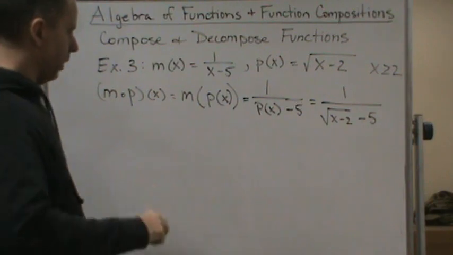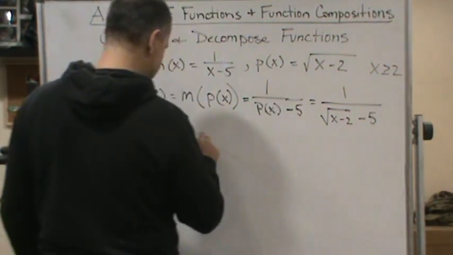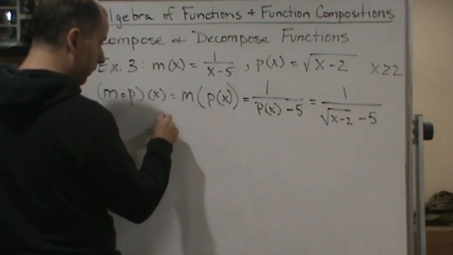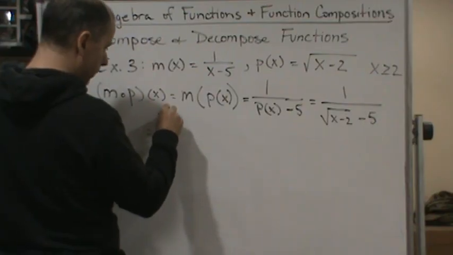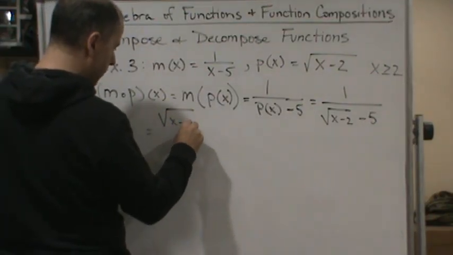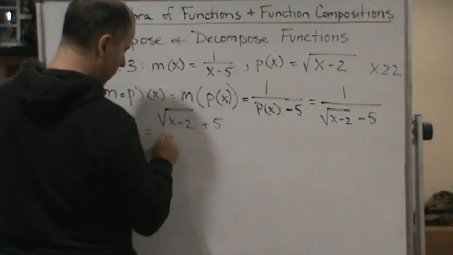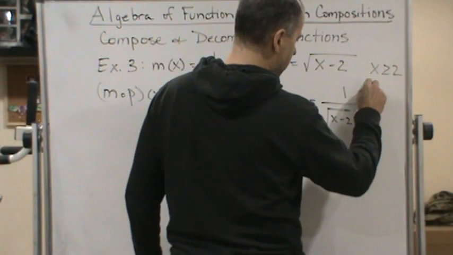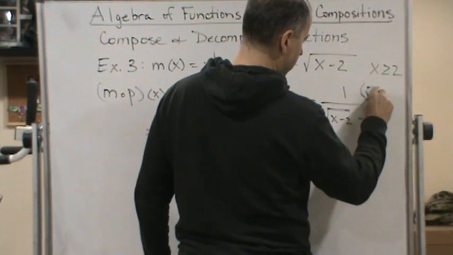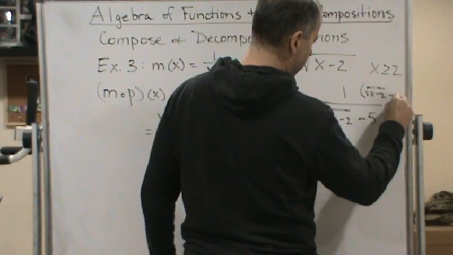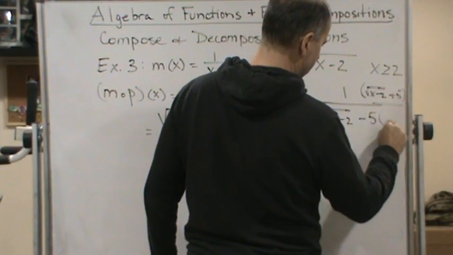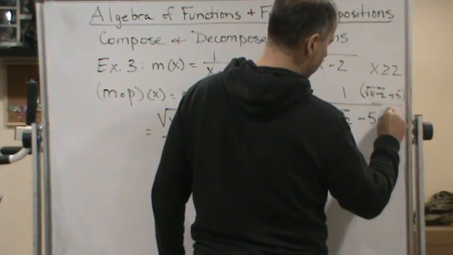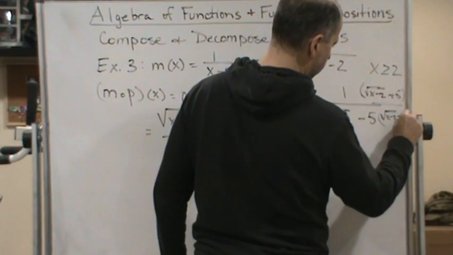Now let's simplify this and multiply by the conjugate. So this is going to equal the square root of x minus 2 plus 5 over, again, what I'm doing is multiplying by the conjugate, which is the square root of x minus 2 plus 5, divided by the quantity square root of x minus 2, and then plus 5.